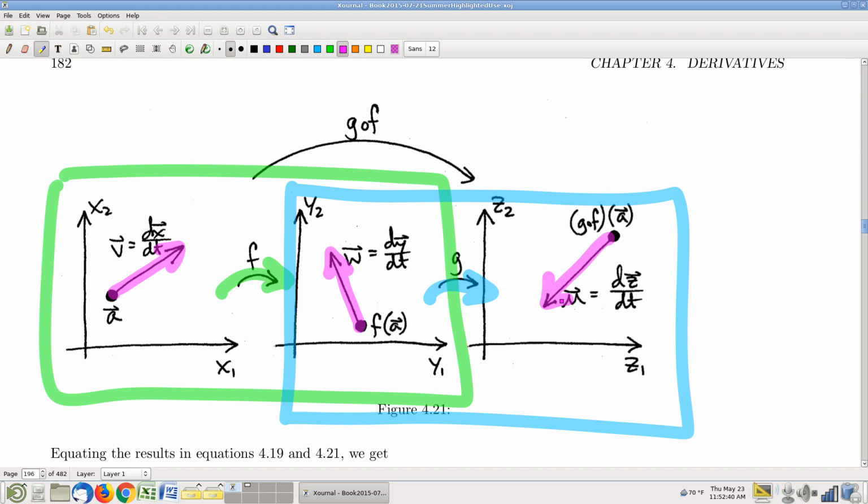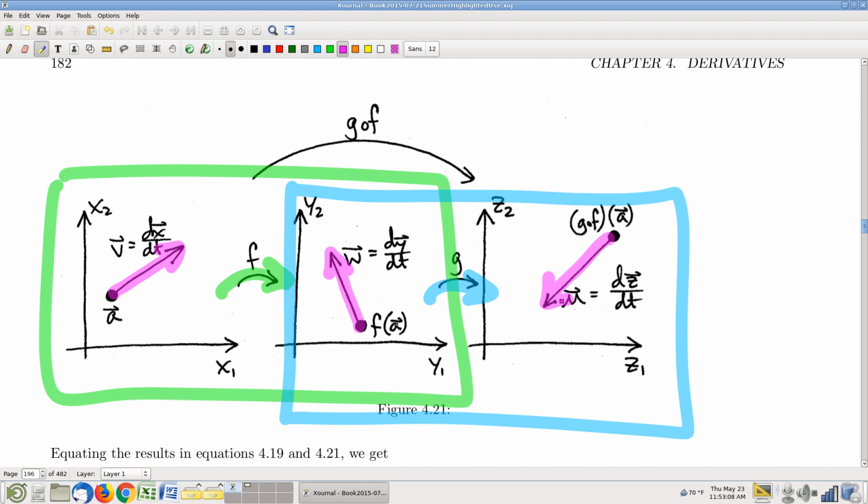How do I turn y velocity into z velocity? Well, the derivative transformation here. So if I want to turn x velocity into y velocity and then finally into z velocity, what I'm going to do is apply the derivative of f as a linear transformation, and then after that I will apply the derivative transformation of g.